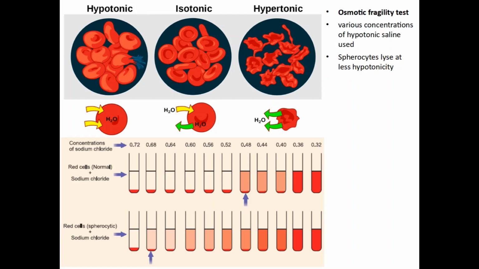In the lower diagram, you will notice that as compared to normal RBCs, which is the row on top, the spherocytes will undergo lysis at much lower levels of hypotonicity.